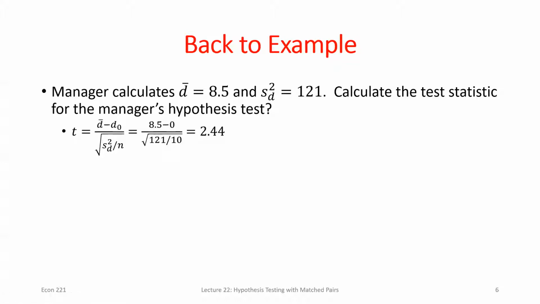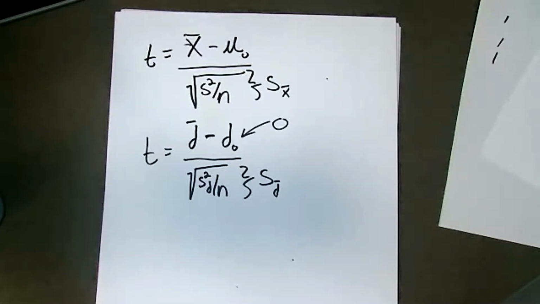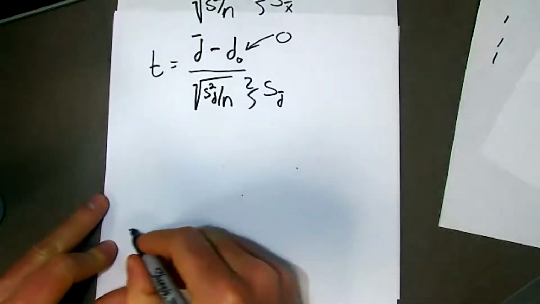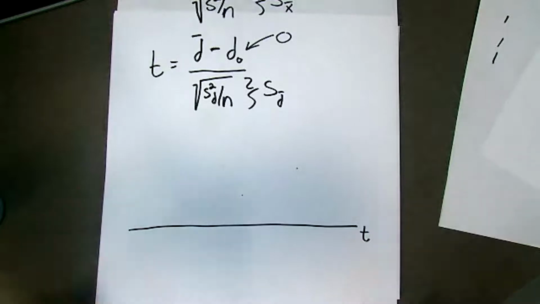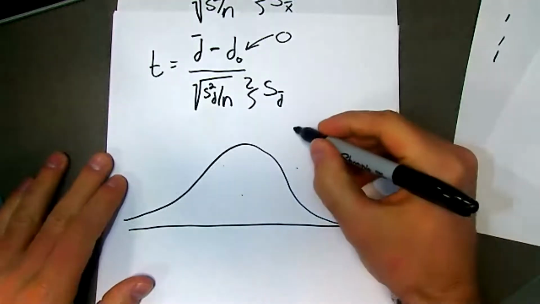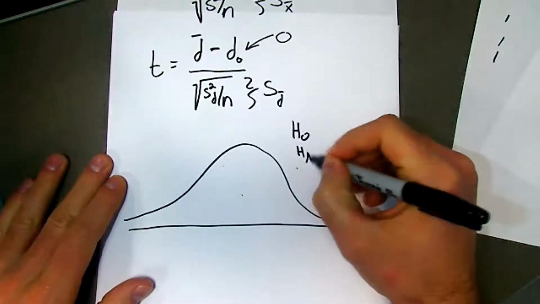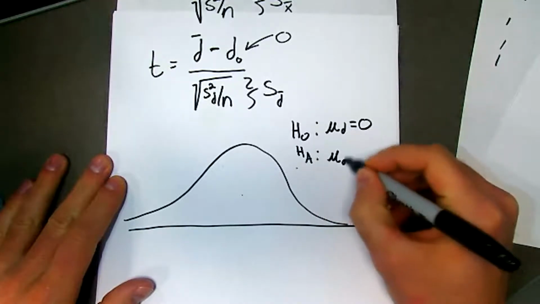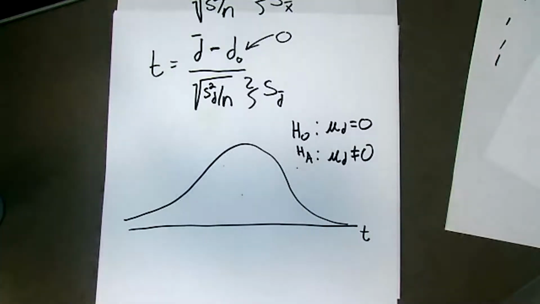Let's do a two-tailed test, because I don't think we have one of those later on. What would my critical values be? I know they are going to come from the student t distribution. For a two-tailed test, I'm assuming the mean difference is equal to 0, and what I want to test for is anything other than 0.